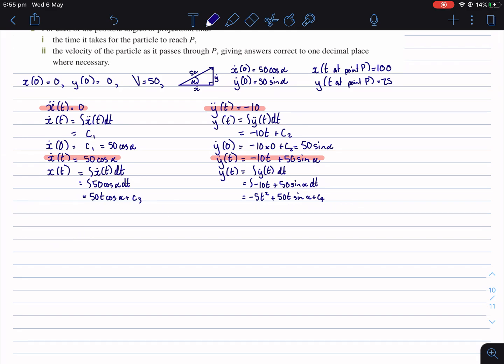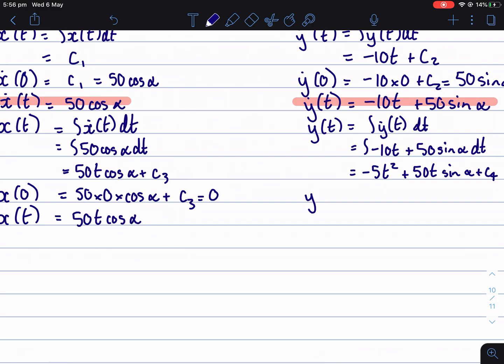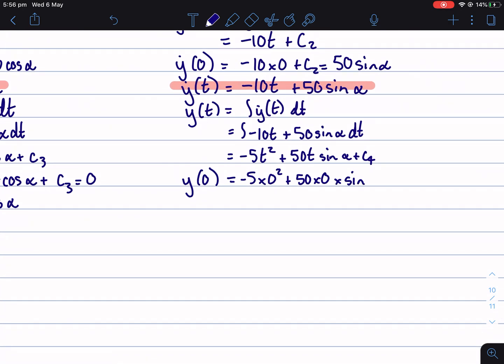Why did I break up the normal method? So y t is just negative 5t squared plus 50t sin alpha.